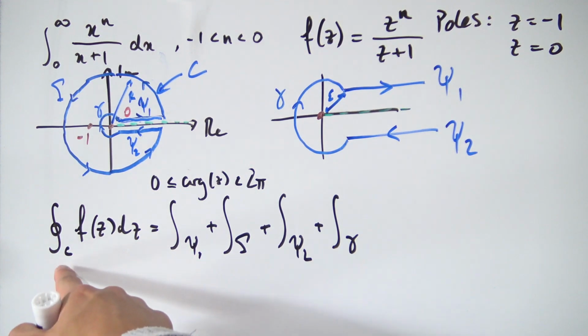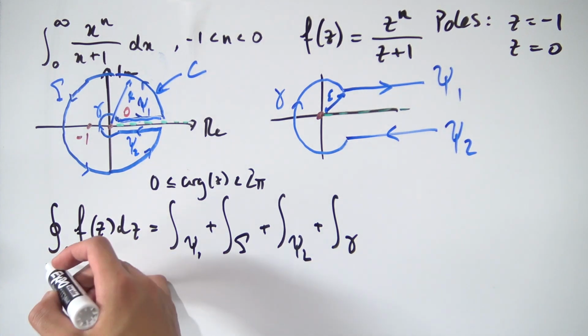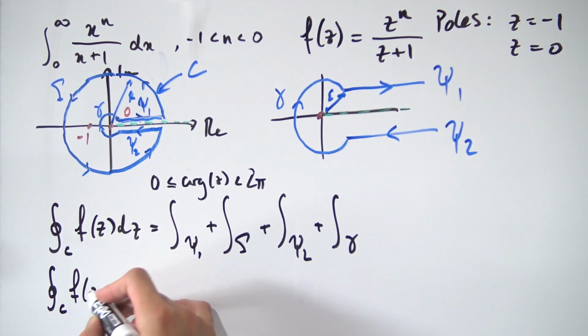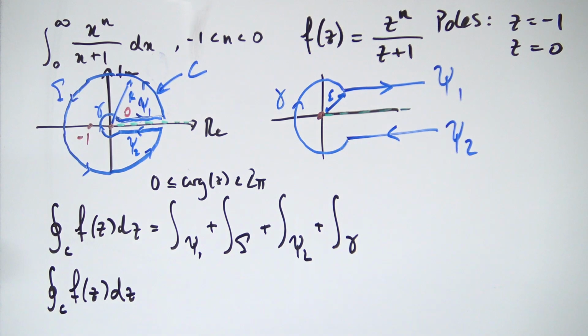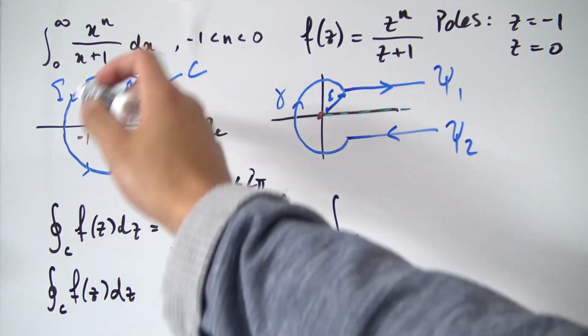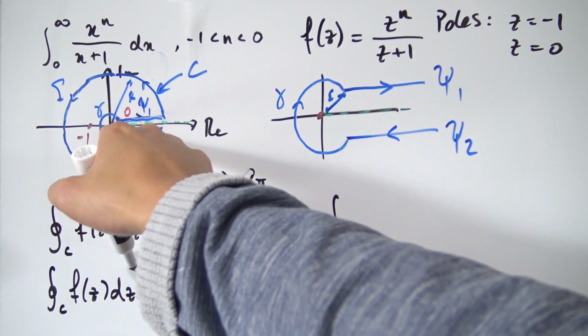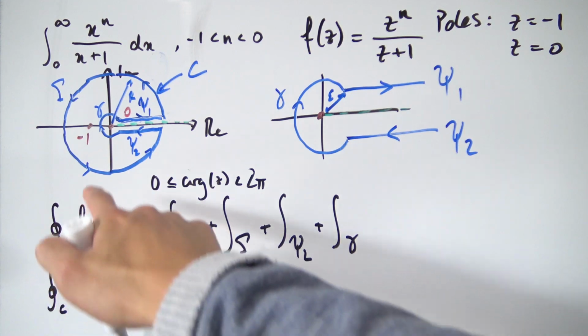So first of all, let's tackle the contour integral over C of f of z dz. What exactly is that? Notice that we can use Cauchy's residue theorem on that, because our contour is only enclosing this one pole. The pole at 0 right here is actually outside of the region enclosed by this contour.